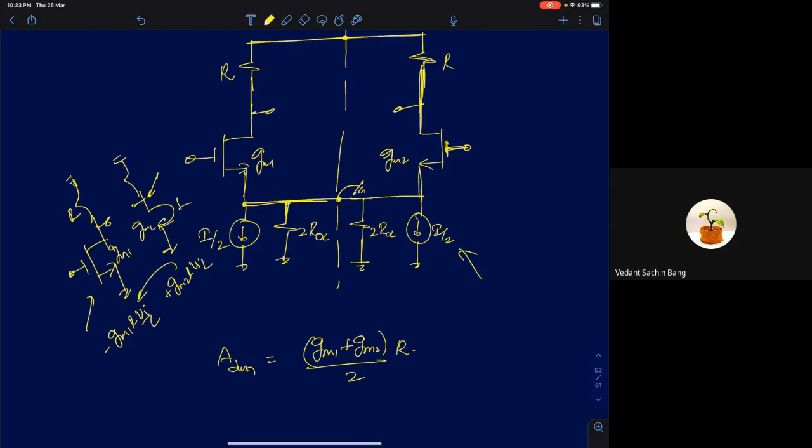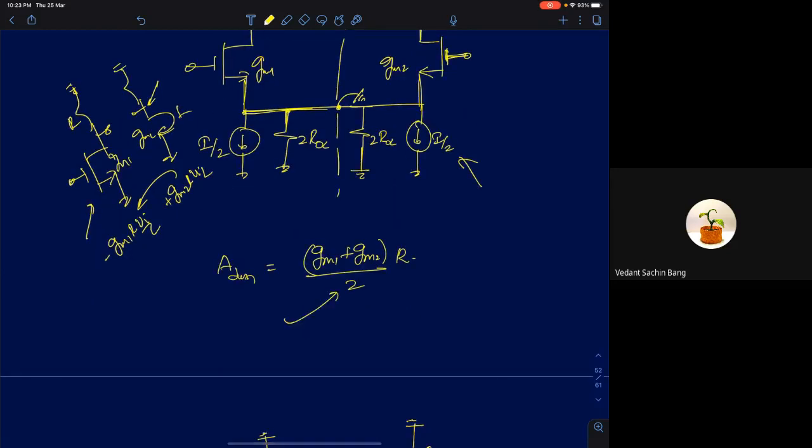Take the difference between the two, you will get (GM1 plus GM2) by 2 into R. Because your delta GM is very small, this is very close to GM times R. GM1 I'm going to write as GM plus delta GM, and the average will be very close to GM itself. So the differential gain remains more or less the same.